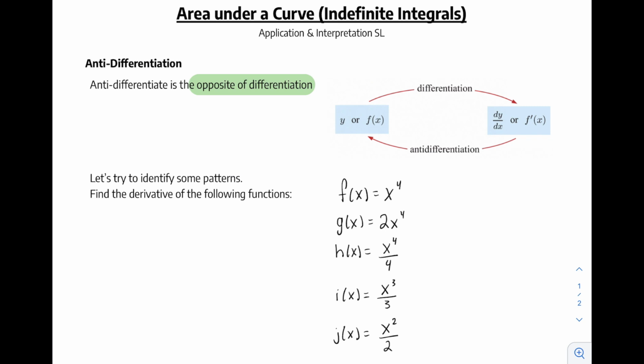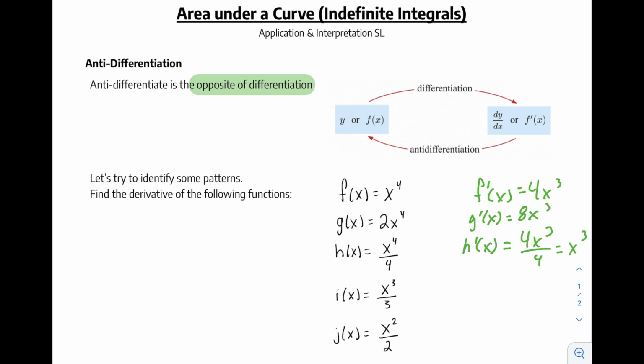So let's go ahead and use our differentiation rules that we already know and find the derivative of all of these functions. The derivative of x to the power of 4 is 4x to the power of 3. The derivative of 2x to the power of 4 is 8x to the power of 3. The derivative of this one is going to be 4x to the power of 3 over 4, which simplifies to x to the power of 3.